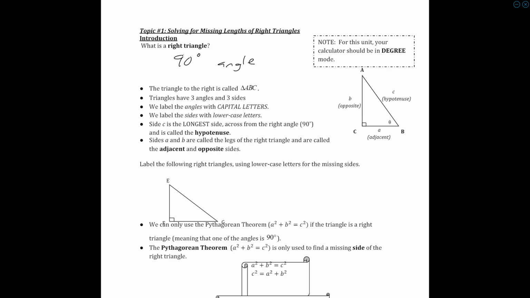Now these opposite and adjacent are in relation to some angle. So if we're talking about angle theta, a Greek letter that's very often used for angles, the side opposite it is the opposite, and the one beside it is the adjacent. If we were using the other angle though, we'd be talking about opposite and adjacent in relation to that one. So it's in relation to some angle.